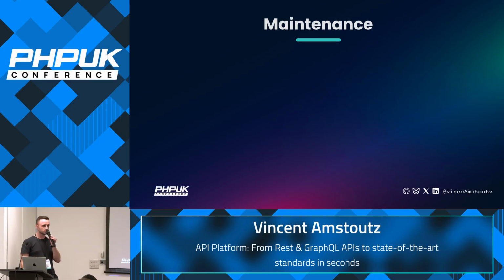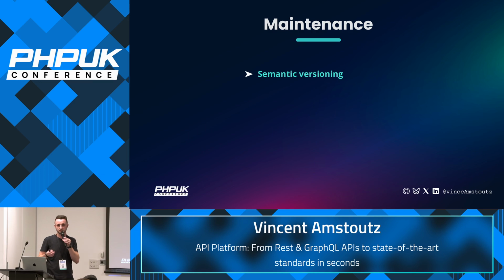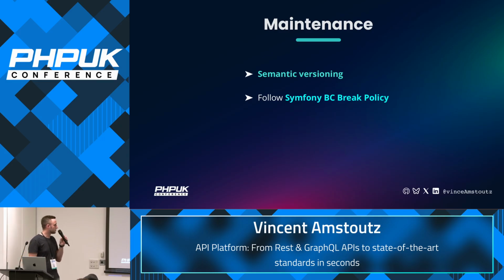For the maintenance of the framework and the whole components, API Platform follows semantic versioning. So you know in advance, using the version number, if some features will be removed and so on. API Platform follows the Symfony BC break policy for the same reasons.